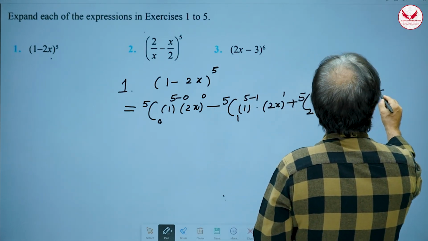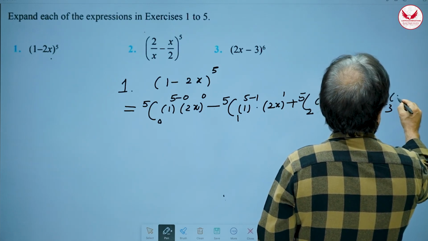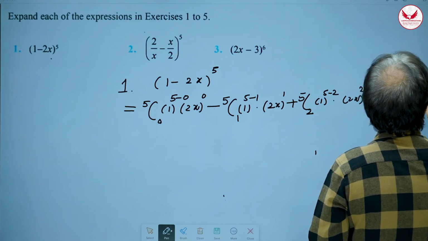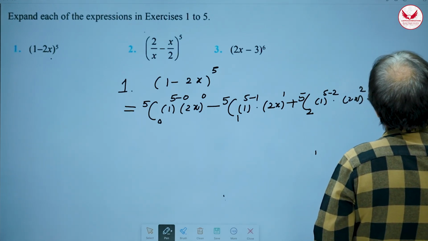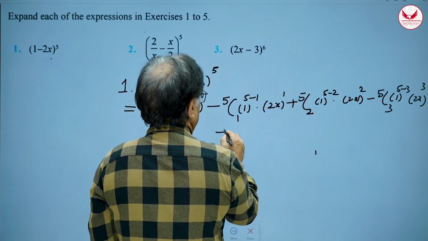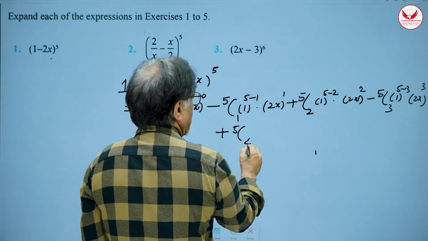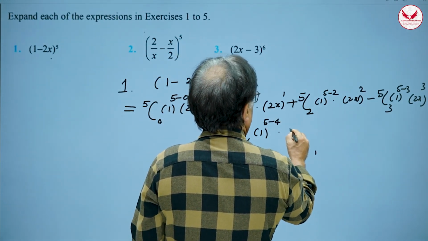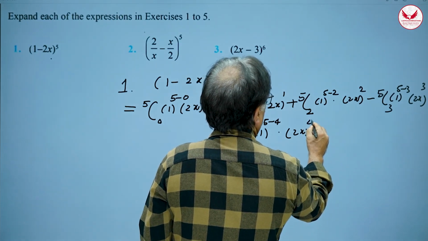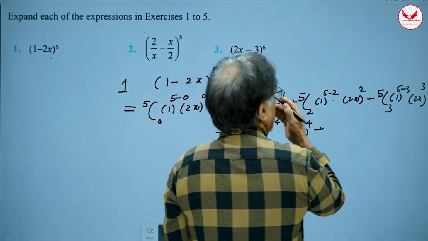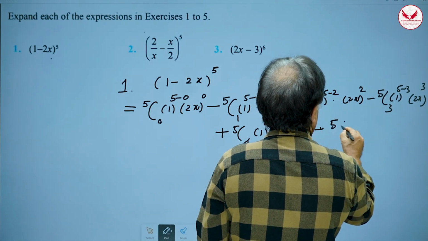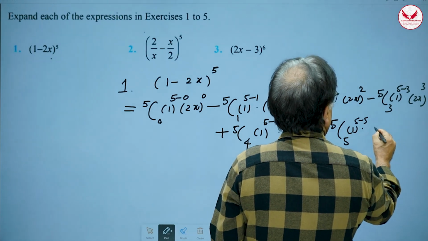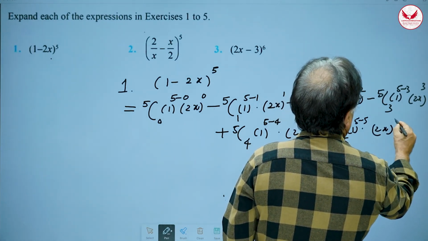Then minus 5C3, 1 raised to 5 minus 3 multiplied by 2x raised to 3. Plus now, 5C4, 1 raised to 5 minus 4 multiplied by 2x raised to 4. And the last term will be minus again, so it will be 5C5, 1 raised to 5 minus 5, whereas the power of 2x will become 5.